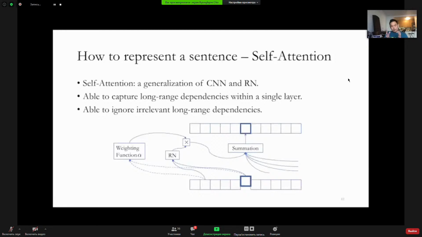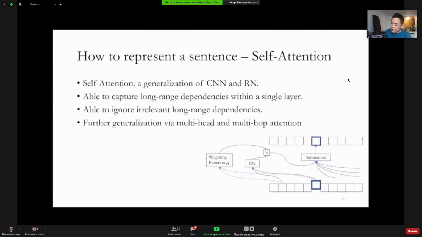This is not restricted to the local window, and it has an option to ignore irrelevant long-range dependencies, unlike in the original skip-gram where every long-range dependency had to be captured. And then, of course, you can further generalize this to multi-head and multi-hop attention, which I'm going to talk about as a second way to arrive at self-attention soon.